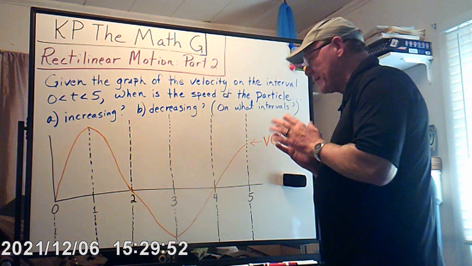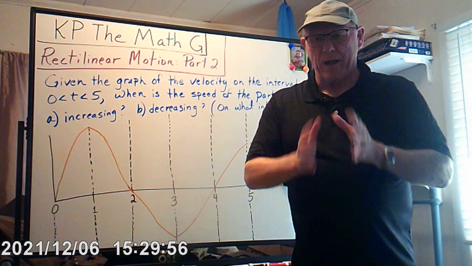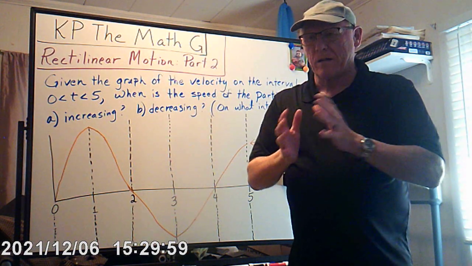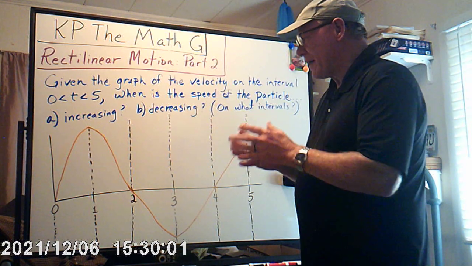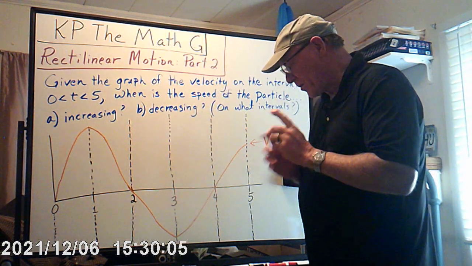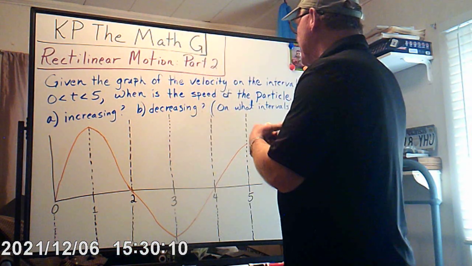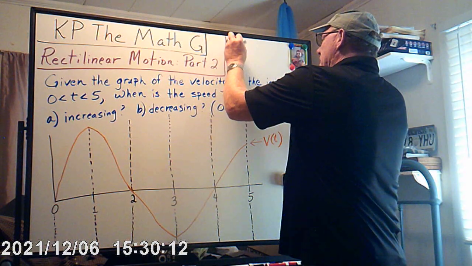There are two basic ideas that you need to remember when we're talking about whether a particle is increasing or decreasing. The first thing you need to look at is v at t.